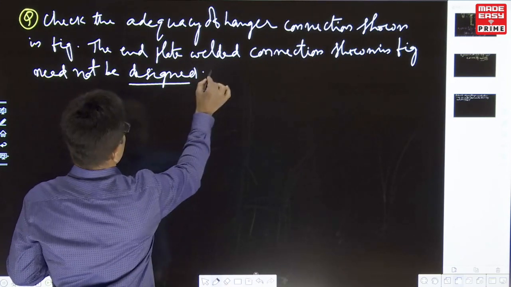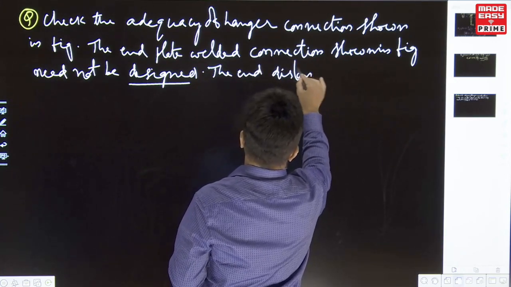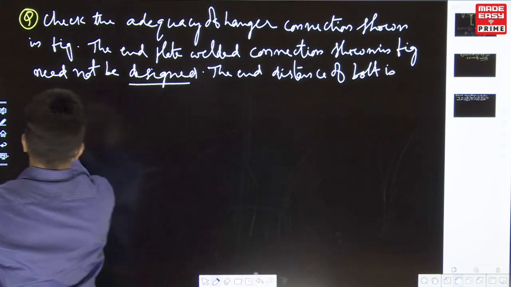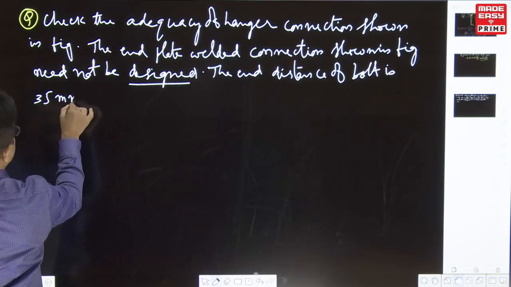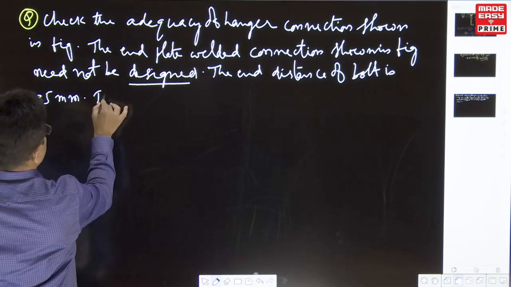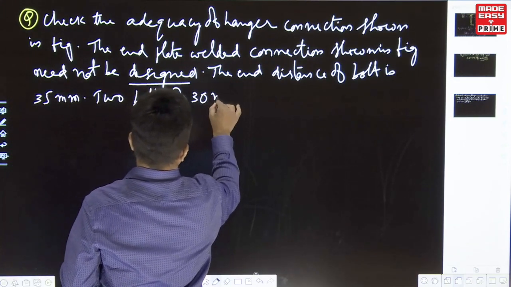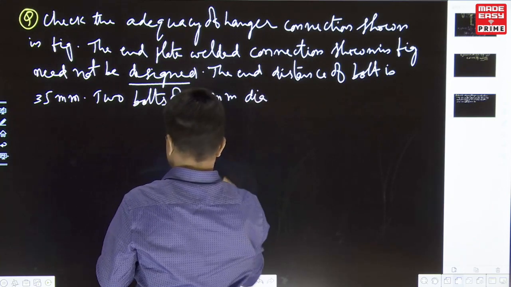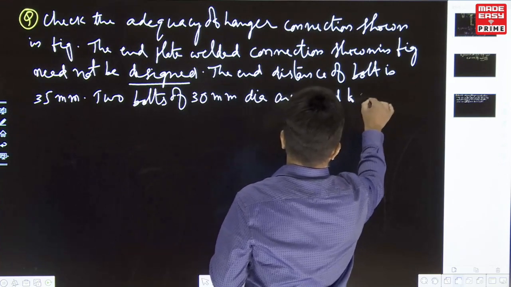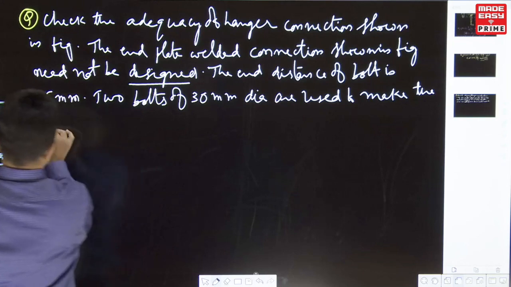The end distance of the bolt is 35 mm. Two bolts of 30 mm diameter are used to make the connection.